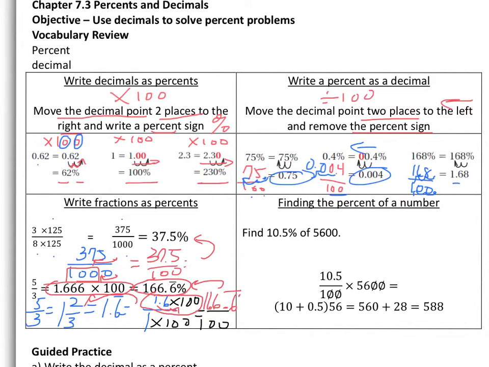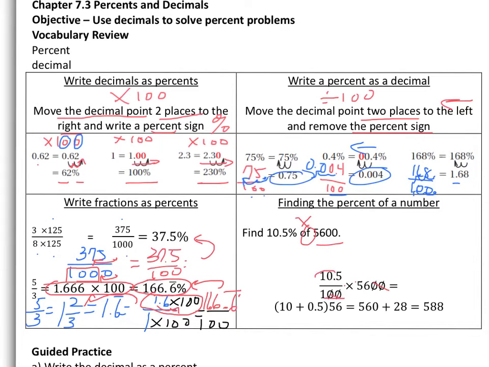For finding the percent of a number, for example, find 10.5% of 5600. I can express 10.5% as a fraction, 10.5 over 100. And then of translates to multiply. And copy 5600. To solve, I canceled out the zeros.